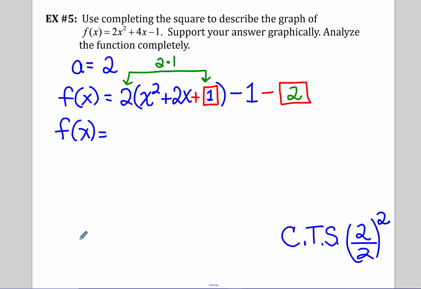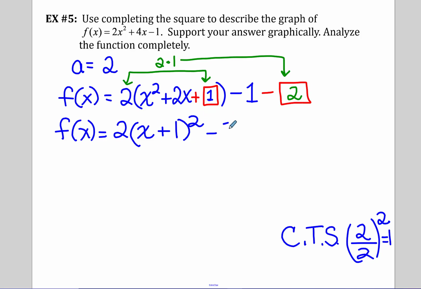We have to subtract 2 to keep a balanced figure. And then we have vertex form, because this is the completed square, which was 1. This is 2 times the quantity x plus 1 squared, and then minus 3.